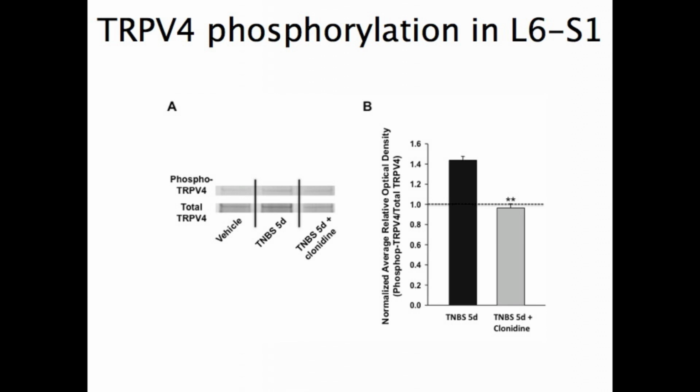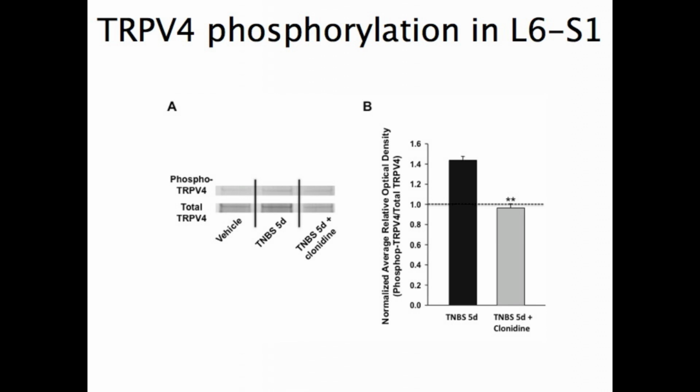So next we were trying to determine how the interaction is occurring, and we hypothesized that it was through phosphorylation. So first we wanted to see, do TNBS animals have a higher amount of phosphorylation of this protein? And second, does clonidine reduce it?